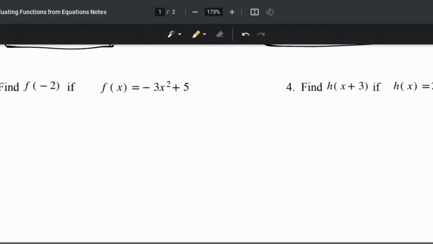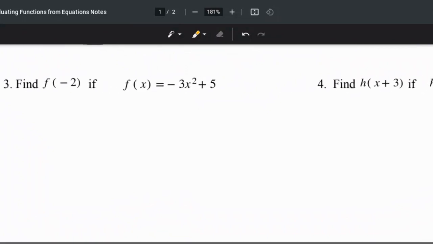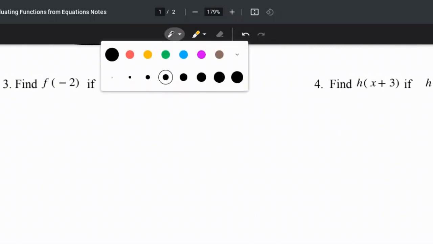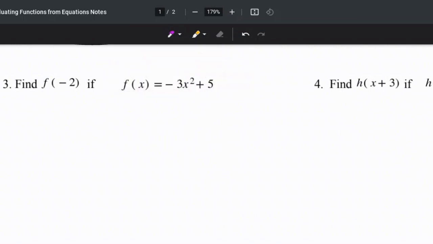Let's look at the next example. It says find f of negative 2 if f of x equals negative 3x squared plus 5. Let's recognize that the number inside of the parentheses is going to be substituted in for x in the function. When we do that, put parentheses around it.